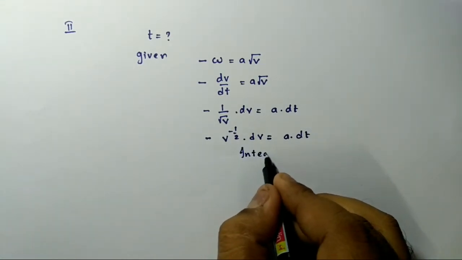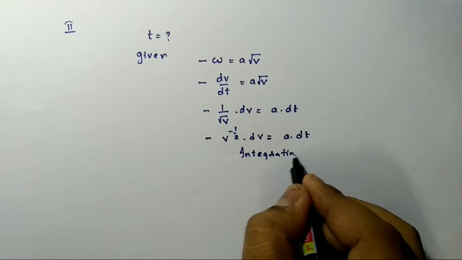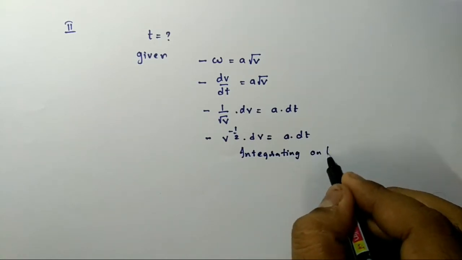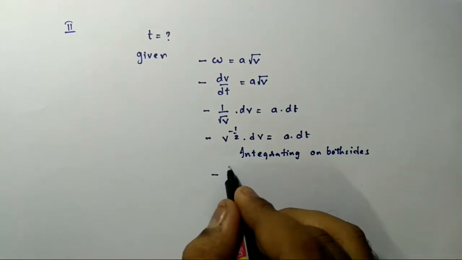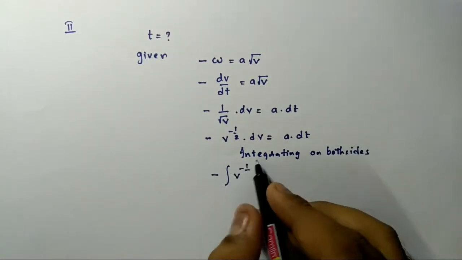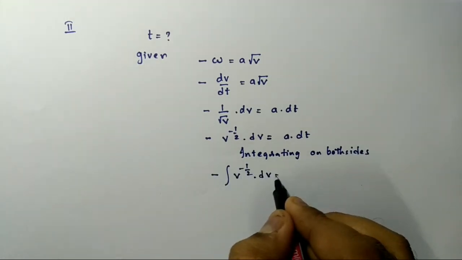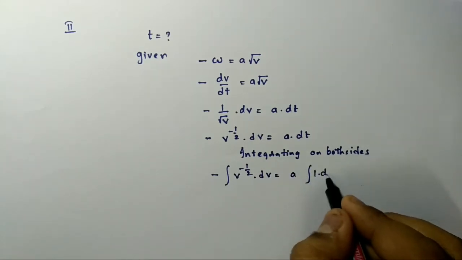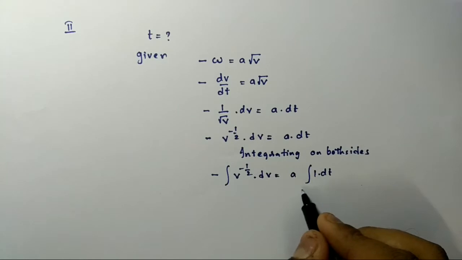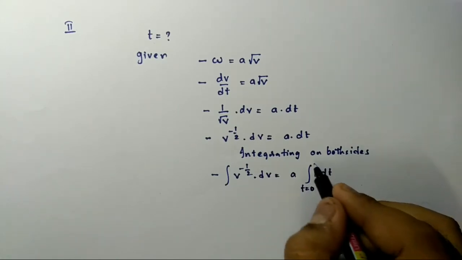Integrating on either sides: integration of v power minus 1 by 2 into dv is equal to a times integration of 1 into dt. Let's say at the initial position time is equal to 0.